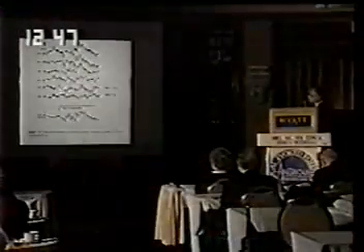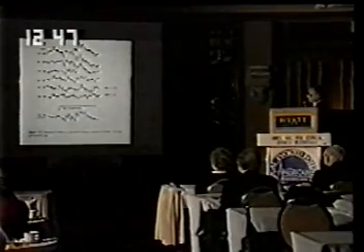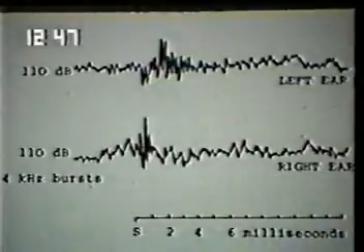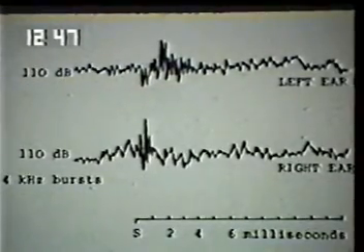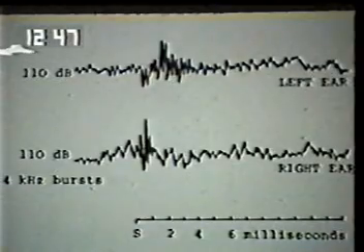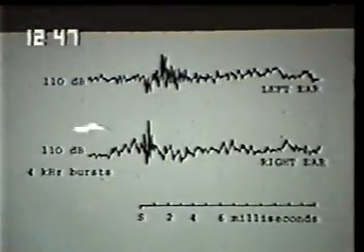Another condition is prematurity, a neonate, 37 weeks gestational age with abnormalities in the auditory evoked potential, brainstem type. Deaf child, age 6 months, 110 decibels and 4 kilohertz burst.